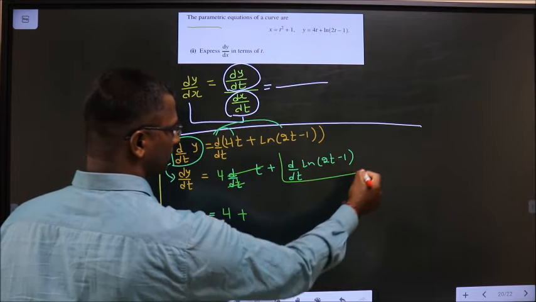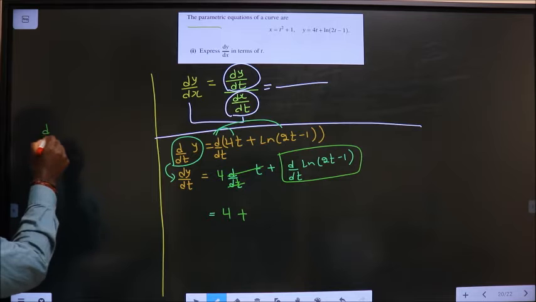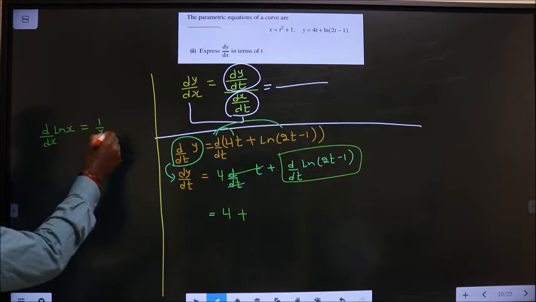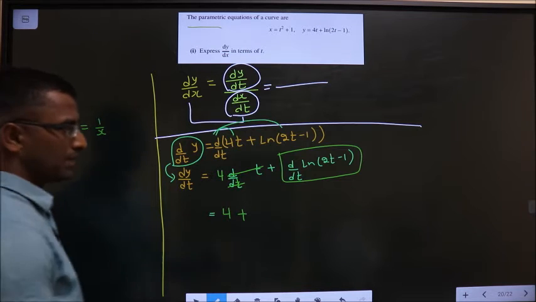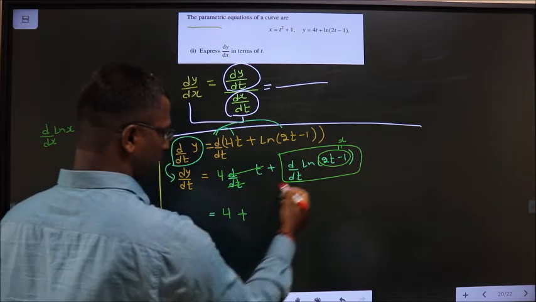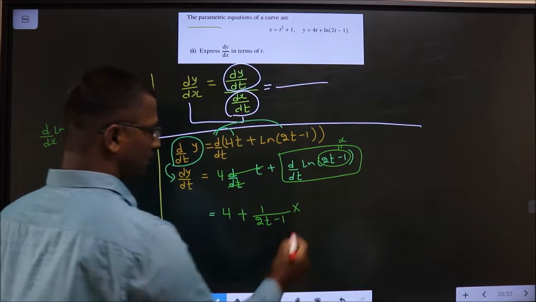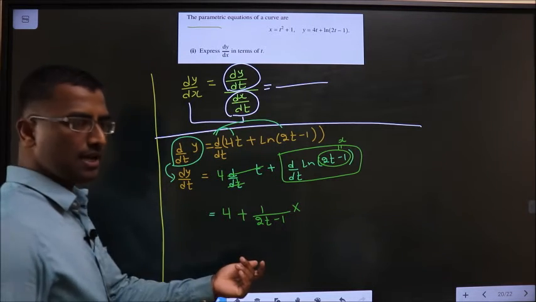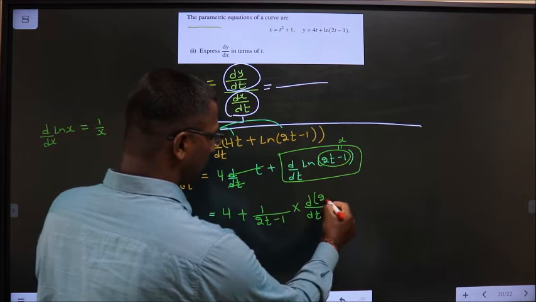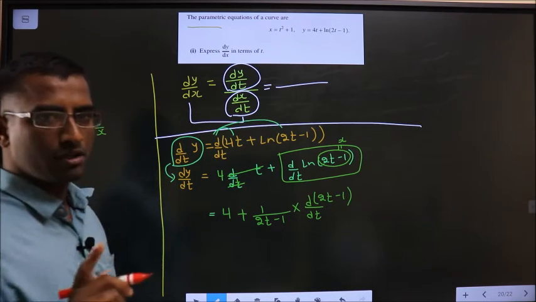And over here, the formula you make use of is d by dx of ln x is 1 by x. Here in place of x, you have 2t minus 1, so this will become 1 by 2t minus 1. Do not forget the good practice: to the answer, multiply the derivative of whatever you have in place of x, 2t minus 1. Many forget this, you should not forget.